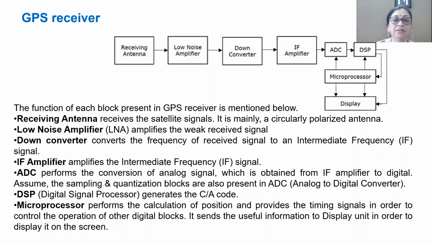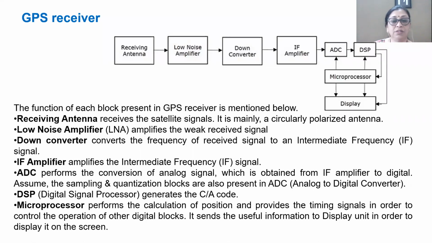And this amplified signal is now converted into digital with the help of the analog to digital converter present in the receiver. It will follow sampling, quantization and encoding processes, and in this way it converts the analog signal into digital values. This digital signal is then fed to the digital signal processor, which generates the CA code.